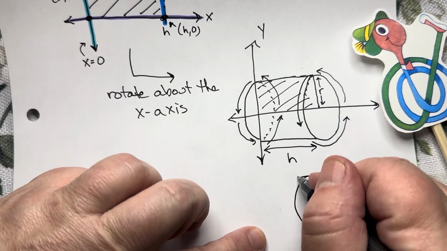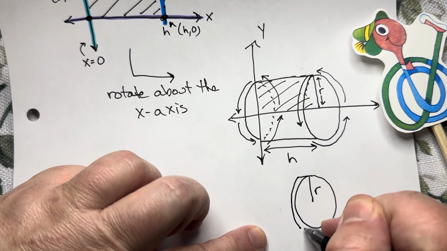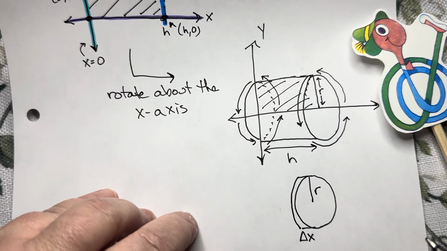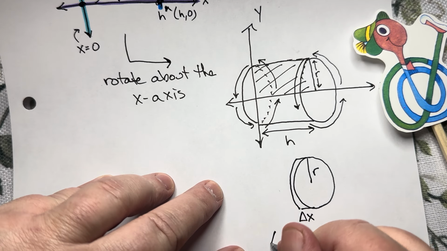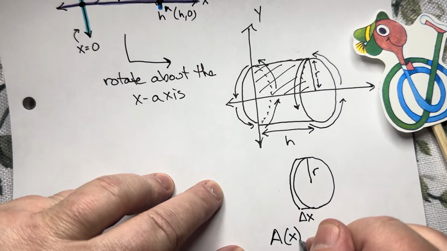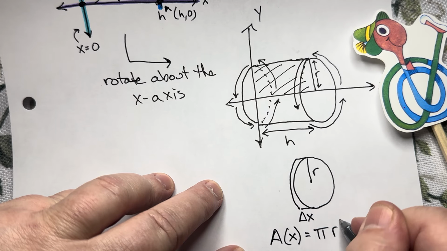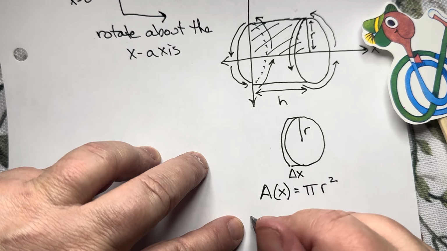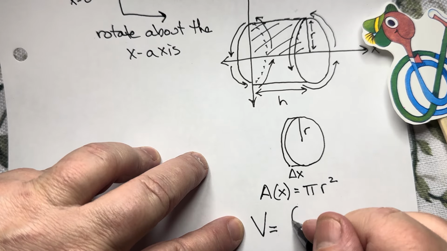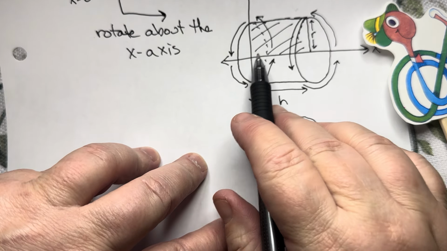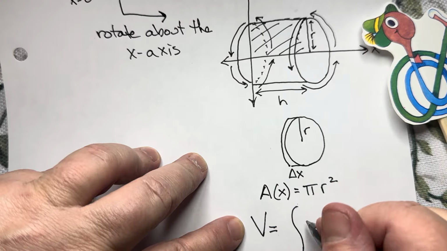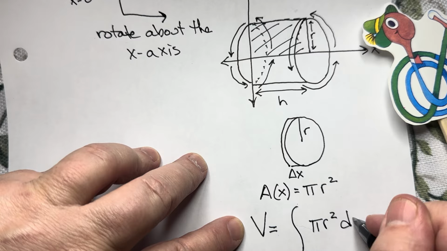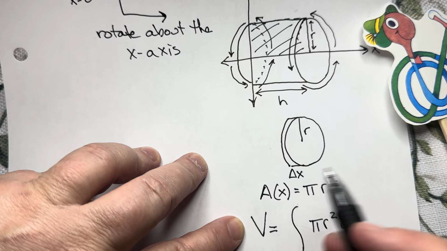And then if we make them little chunky, give them some width, there's our delta X, then we know that if the area is going to be pi r squared, and we know from doing this before, the volume would be adding all of these up, we'd get pi r squared times the dx, which is the delta x, right?